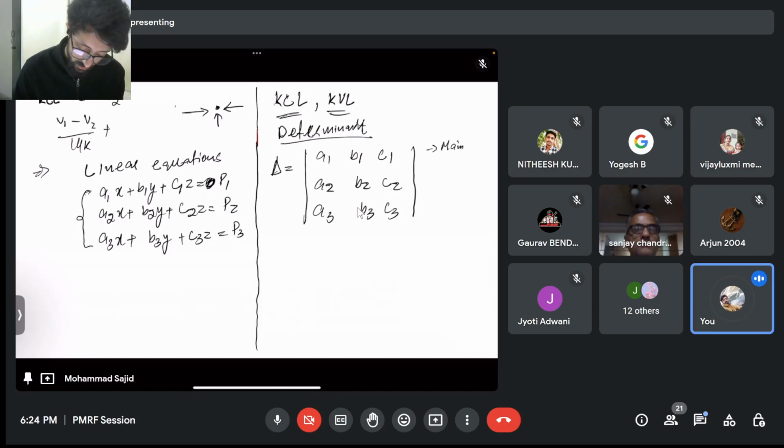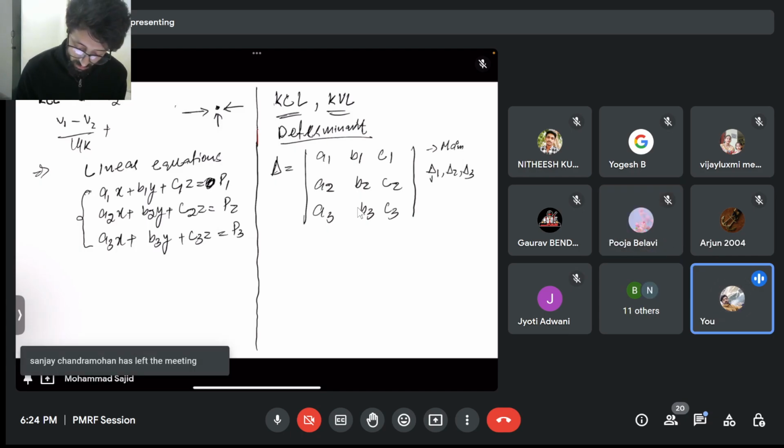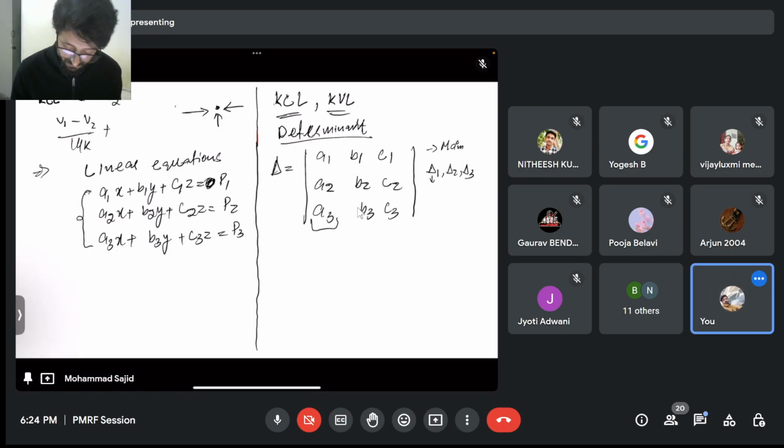Now, if you have to find the answers for x, y, and z, you will find three further determinants: delta 1, delta 2, and delta 3. Delta 1 will be the same determinant, but your first column will be replaced by d1, d2, and d3.